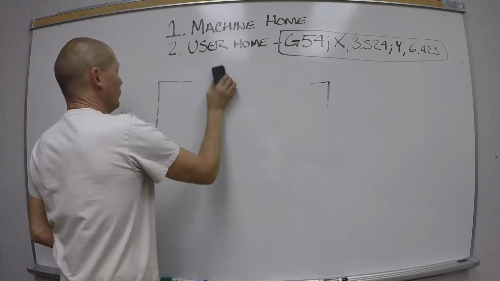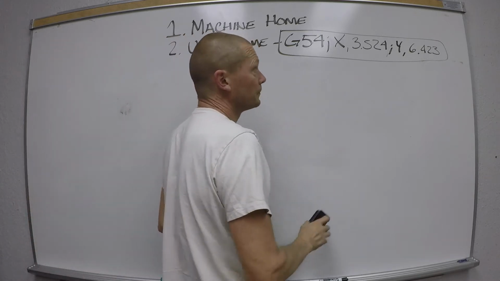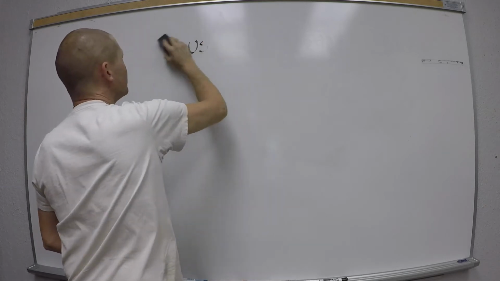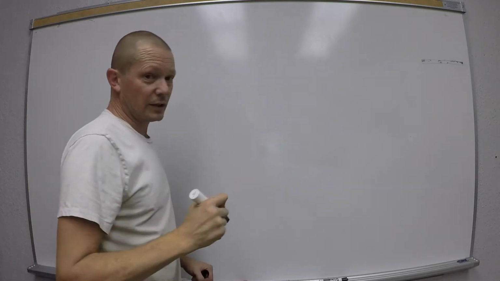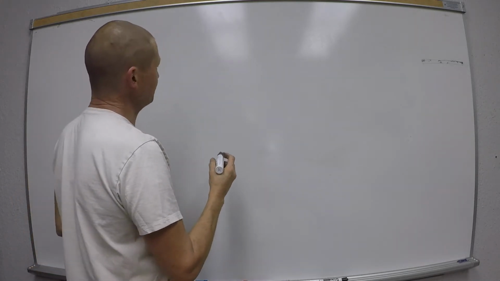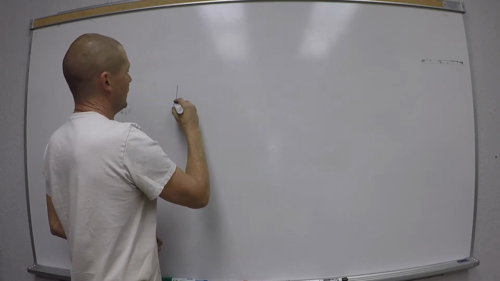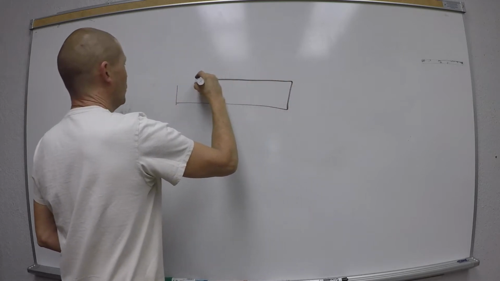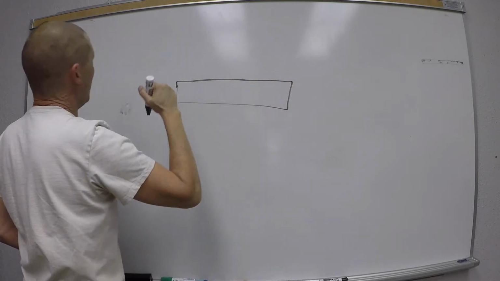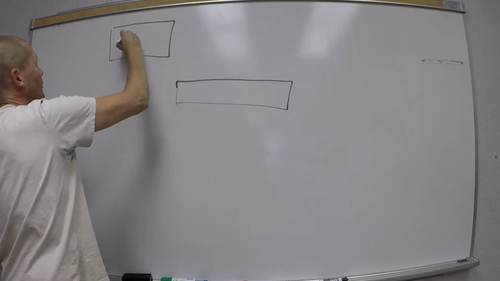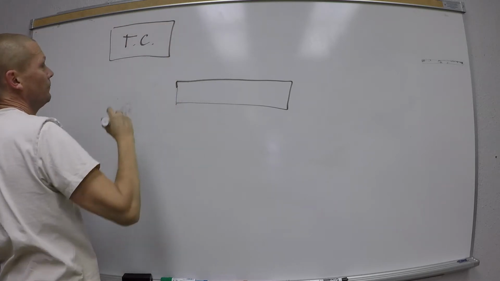The other thing that we have to do is look at the front view. Off to the side here is what's called a tool changer. Don't worry about it.